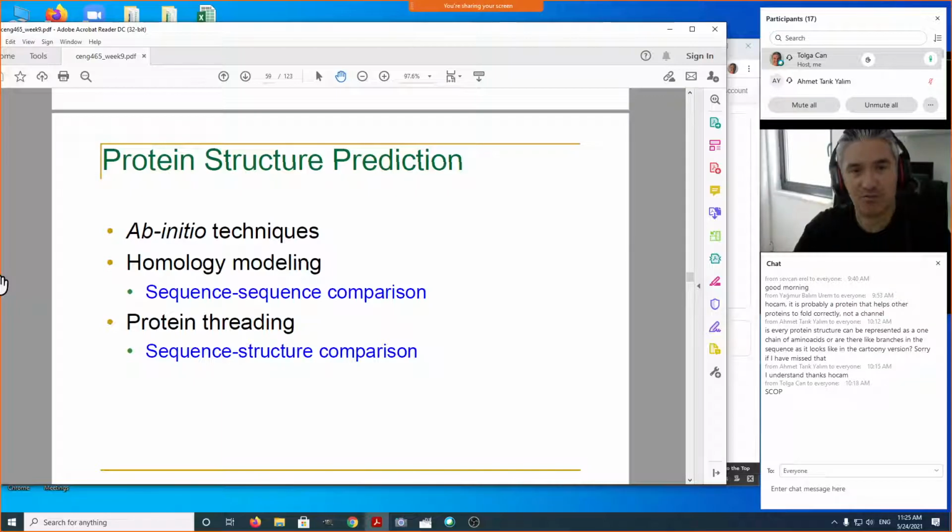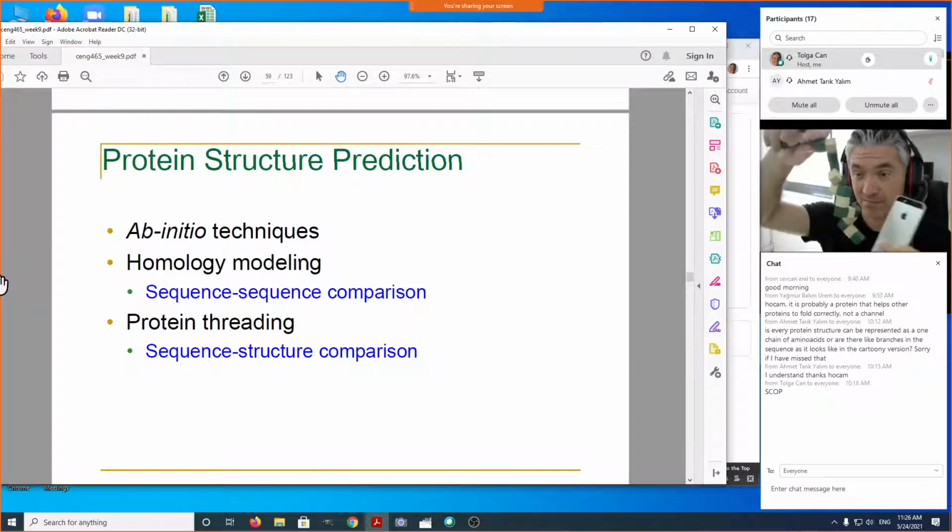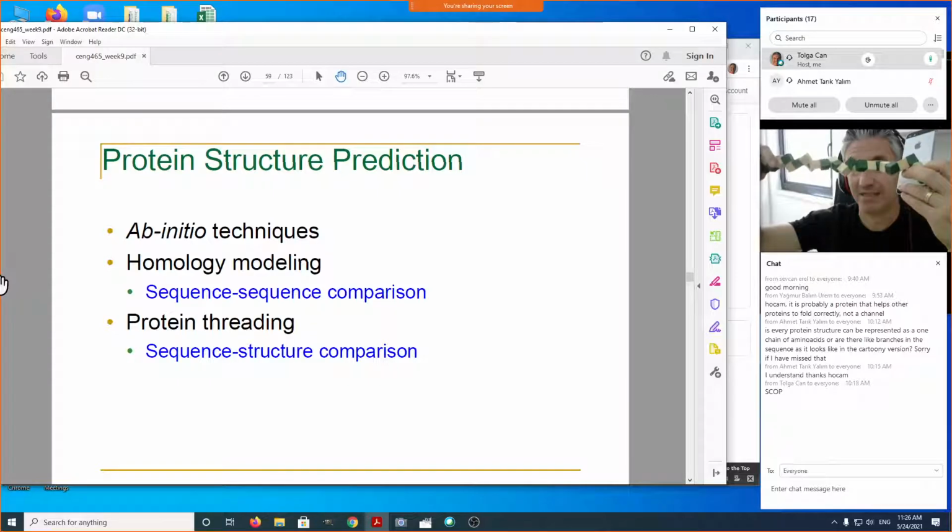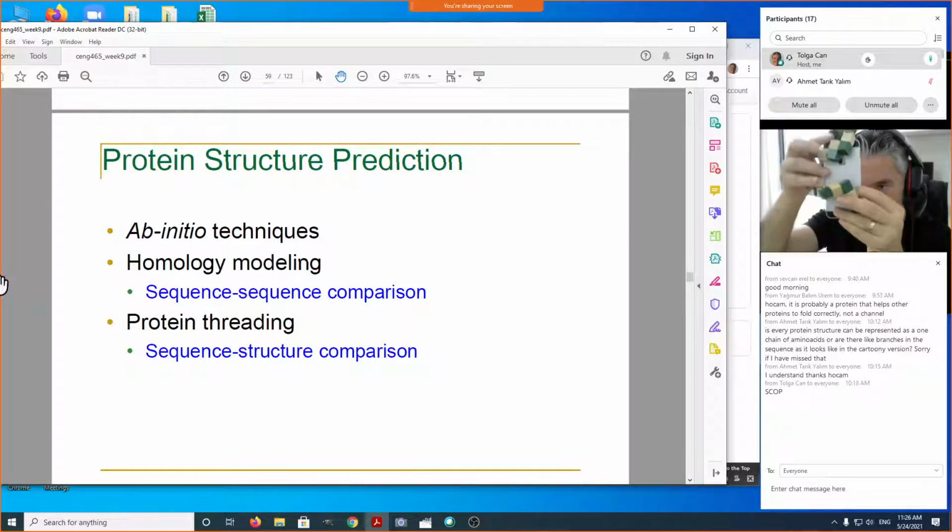Maybe this problem itself, do we really make the problem simpler? The threading problem by itself is very difficult, but it's not as difficult as trying to predict its shape from scratch. You just try to see whether this unfolded string of amino acids, if it was folded, would have this shape.